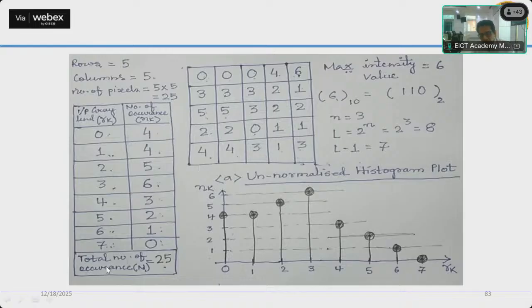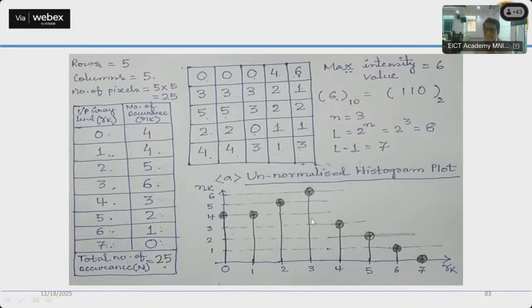Can somebody tell why we are counting this total number of occurrences, capital N? Is it necessary, because we have never used it? 4, 4. What about 2? 1, 2, 3, 4, 5. So it is 5. What about 3? 3 is also 5.